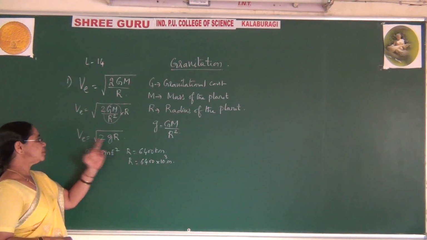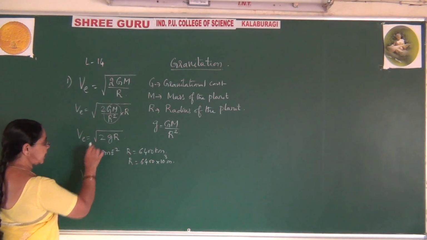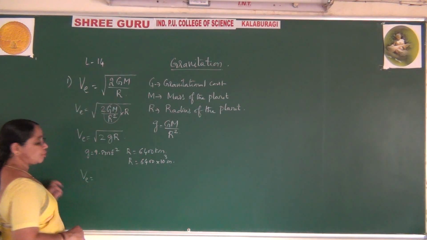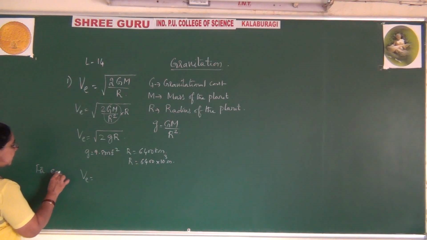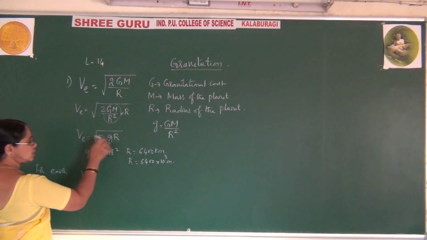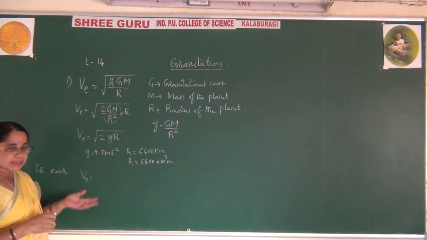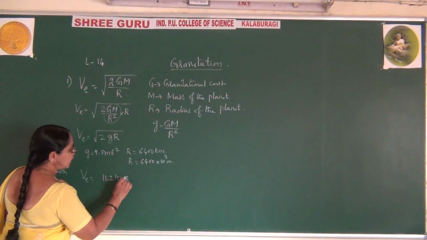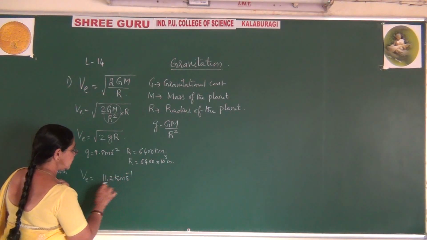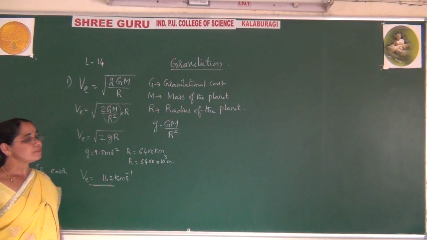If you substitute here, calculate and take the square root, finally you get 11.2 kilometers per second. This is what you already know as the escape velocity of the Earth.